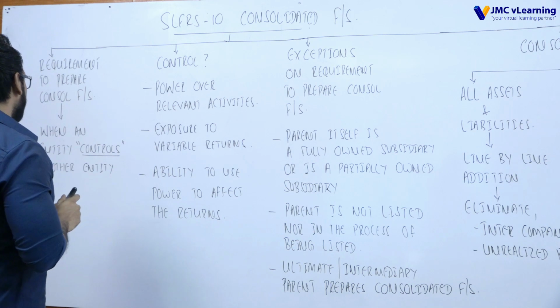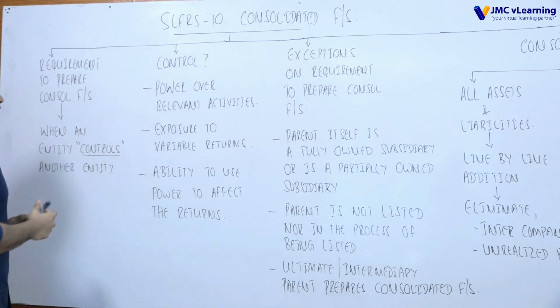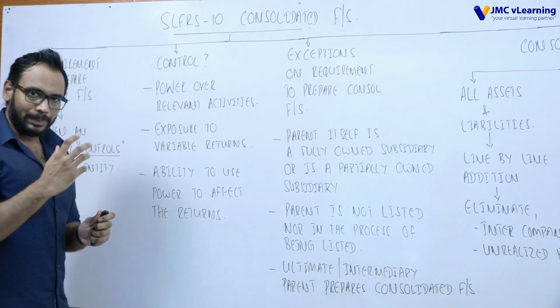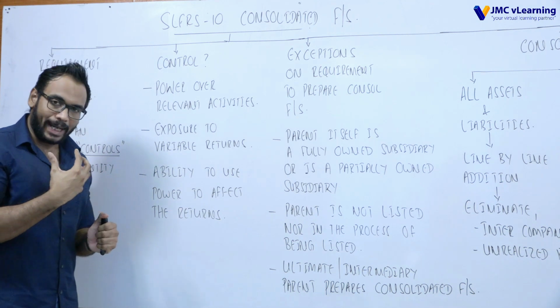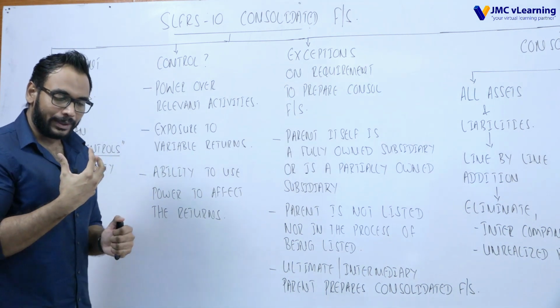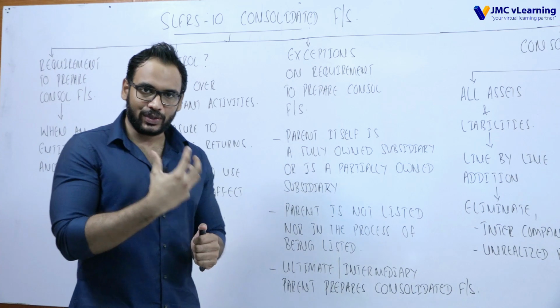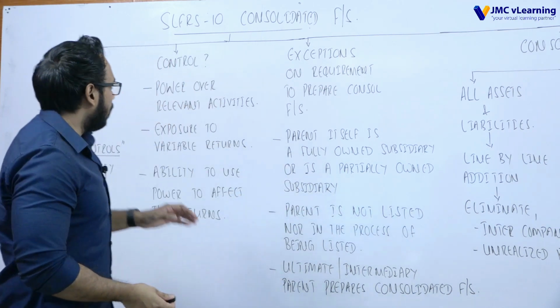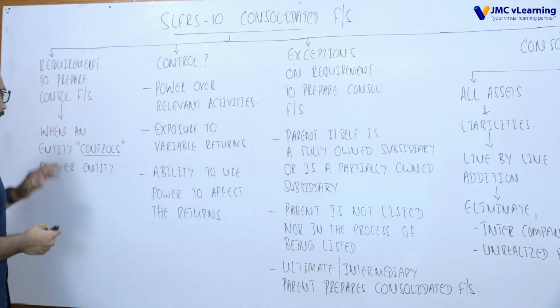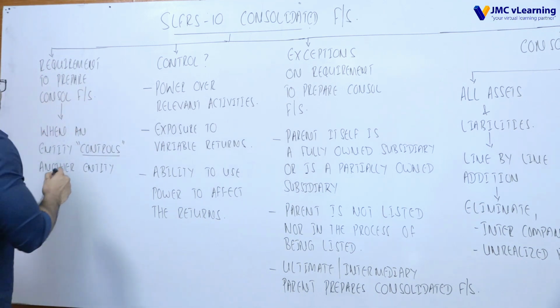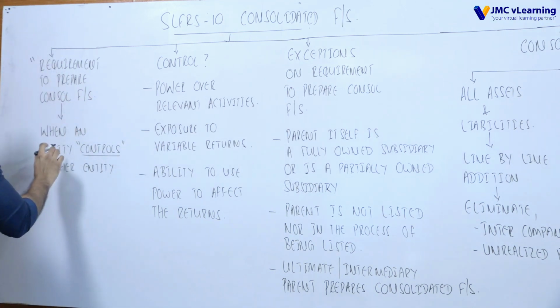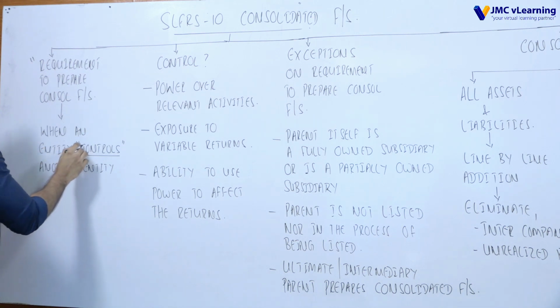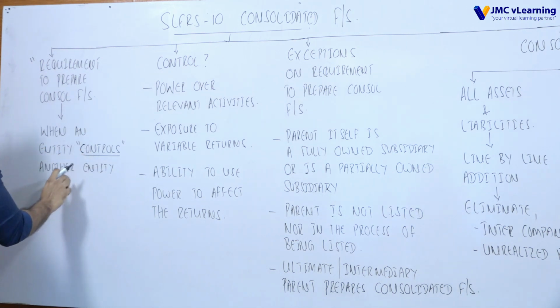So the main thing that we need to discuss is, what's the purpose of SLFRS 10? The purpose of SLFRS 10 is to lay out the requirements relating to preparing consolidated financial statements, and how you prepare them. Now, the primary criterion in SLFRS 10 is whenever an entity controls another entity.